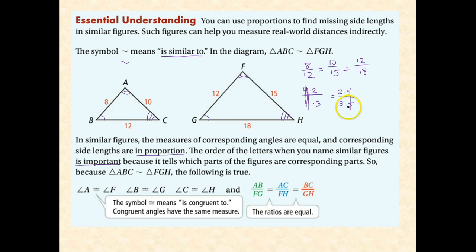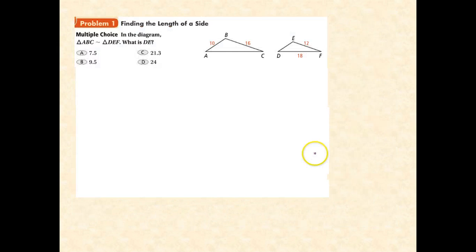The 5's cancel out, and that's 2/3. 12 is 2 times 6, and 18 is 3 times 6. The 6's cancel out, and each one of these ratios is equal to 2/3. Pretty neat, huh? So we can use this information to solve for missing sides.